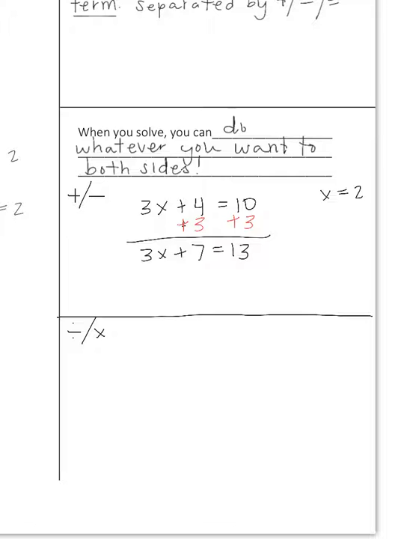Now, I have seen people do this to both sides of an equation. So I'm just going to erase this for a second. Now, I have seen people do this. They add a 3 to everything, to every term in that equation. But if you think about it, there's 2 things that are wrong with that. Number 1, you can't add 3 to 3x. Those aren't like terms. One has an x and one doesn't.